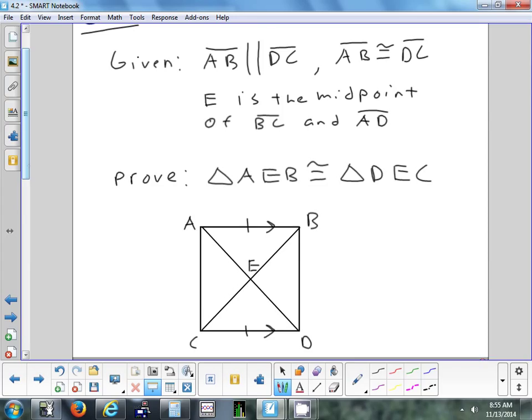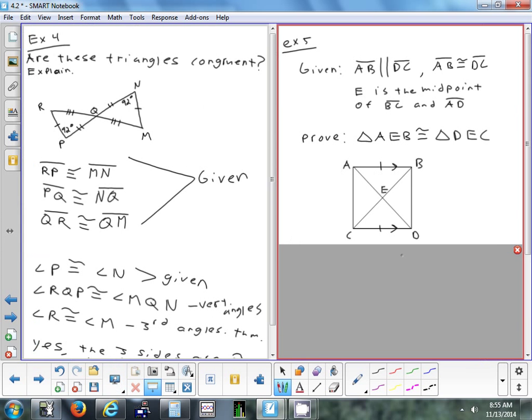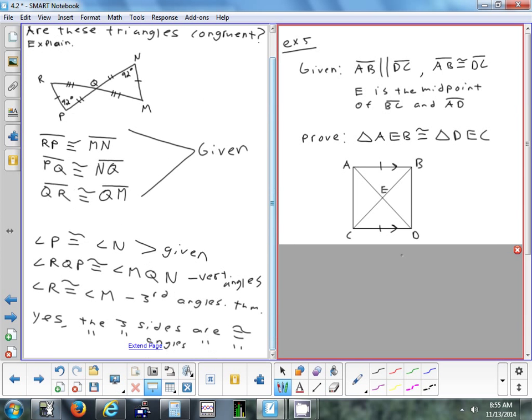Can you go back real quick? I need to get that back. All right, so I've marked in the diagram AB and CD, or DC, those are parallel. AB and DC are congruent.